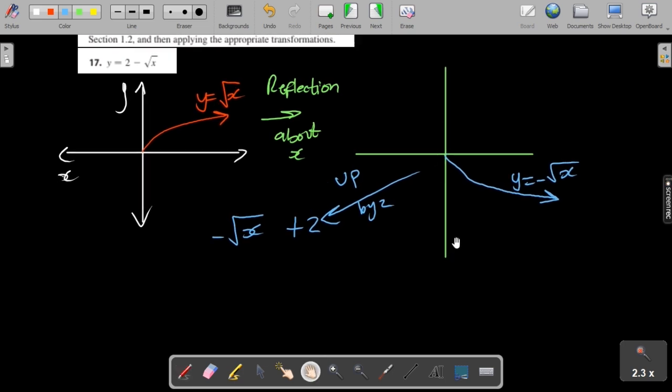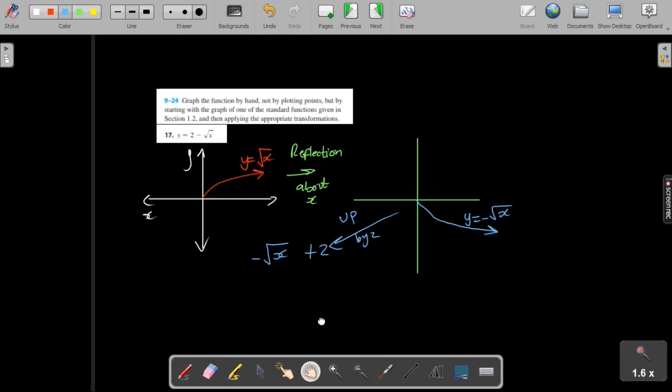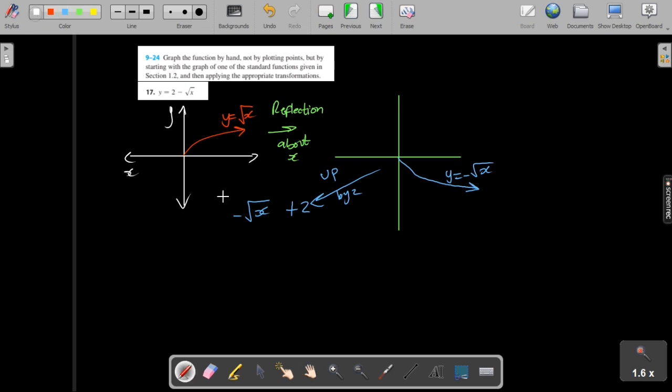So after reflecting about the x-axis over there, you now increase y by 2, or you shift the whole graph upwards by 2 units. So you were at this point, and that's what it looked like. But now you're shifting it up. It was at the origin, so if you shift that up, it should be at 2 over there.